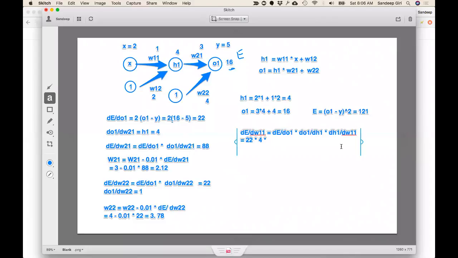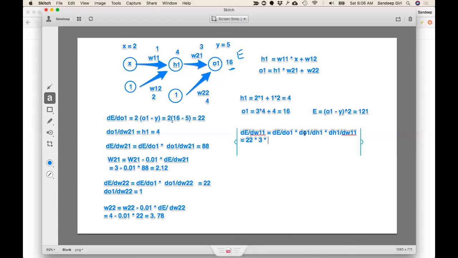Therefore, we are just going to stay with the initial values until we compute all the values up to here. So when we differentiate this equation with respect to H1, we get W21. W21 is 3, not 2, sorry. Thank you so much, Gigi. That means all of you are paying attention.